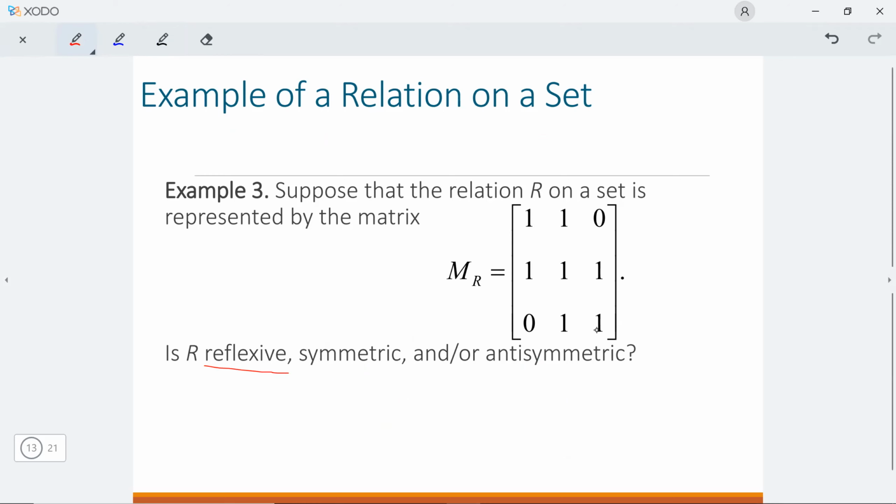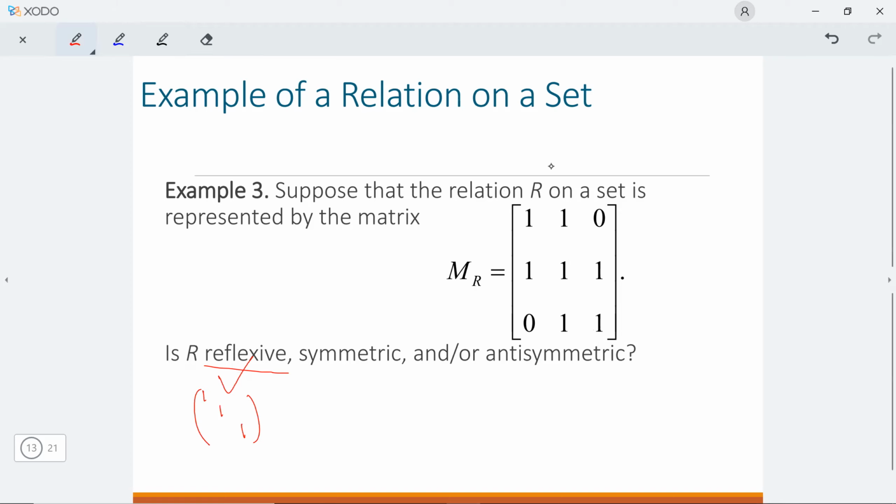Are they all equal to 1? For this 3x3 matrix, yes, all the diagonal elements equal 1. So yes, this is a reflexive relation because we have 1, 1, 1 on the diagonal of this matrix.